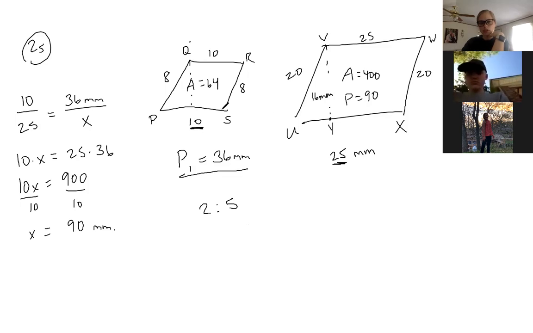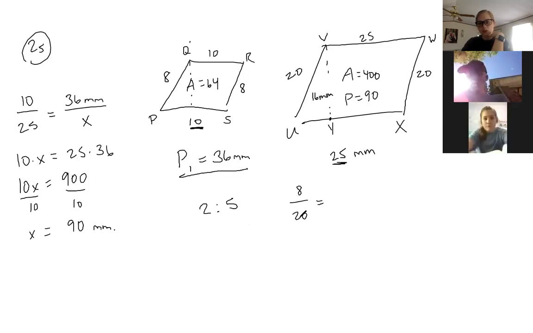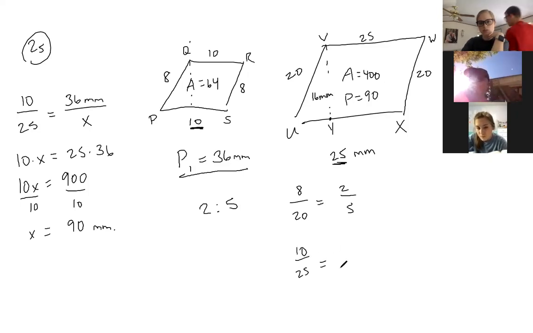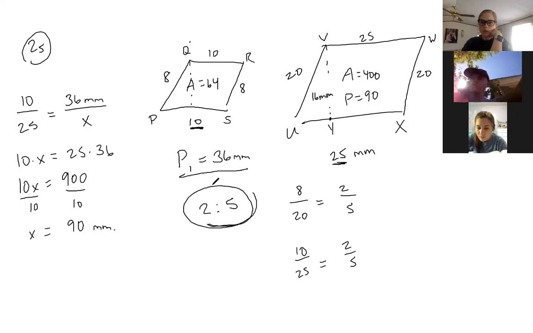Let's check that. Side PQ to side UV, those are corresponding sides, so that would be 8 to 20. Is 8 to 20 reduced down to 2 to 5? Let's see. What about side 10 to 25? Does that reduce down to my ratio 2 to 5? Yeah. If you were to do that with all the corresponding sides, your ratio would be 2 to 5. That's a helpful ratio to know.